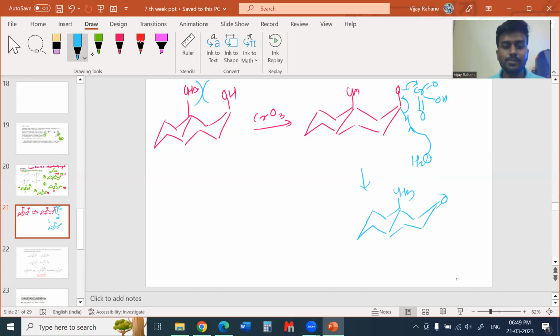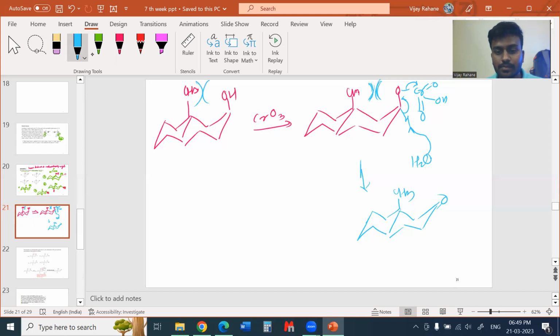So in this one, although there is repulsion present, the transition state experiences steric strain due to this methyl, the repulsion with methyl and these groups.